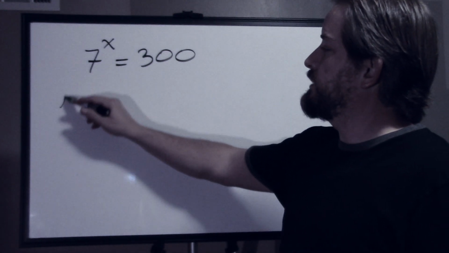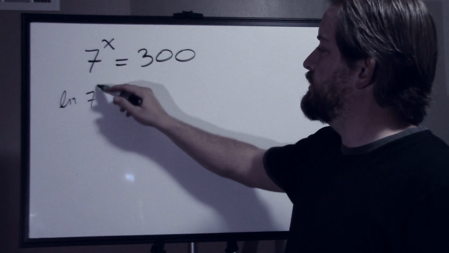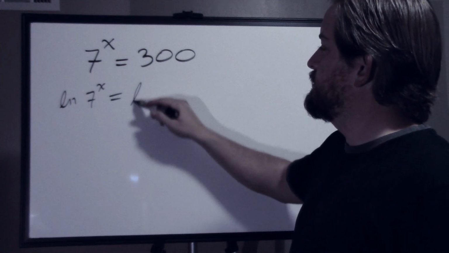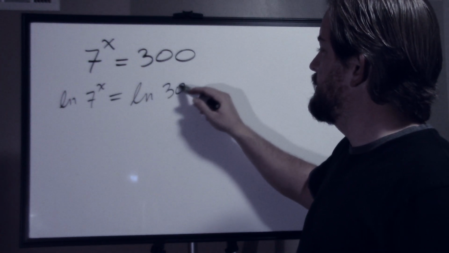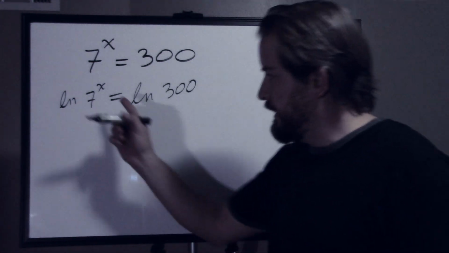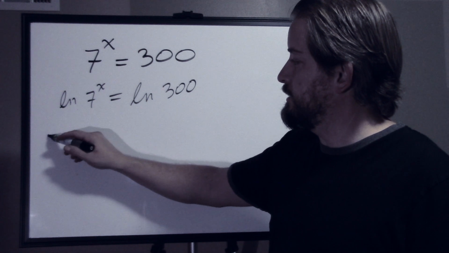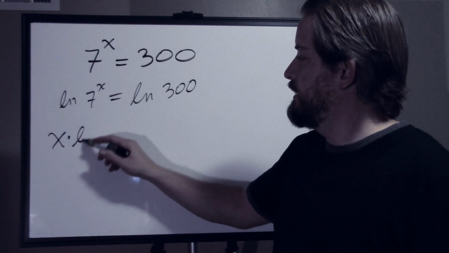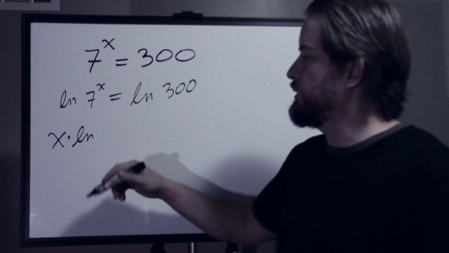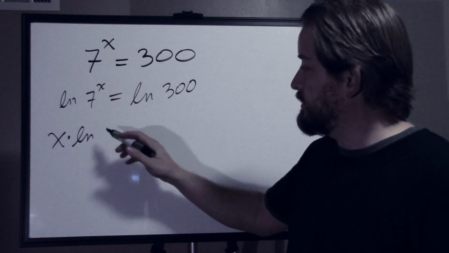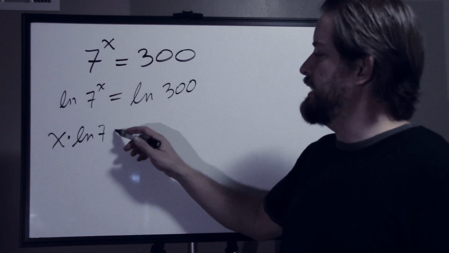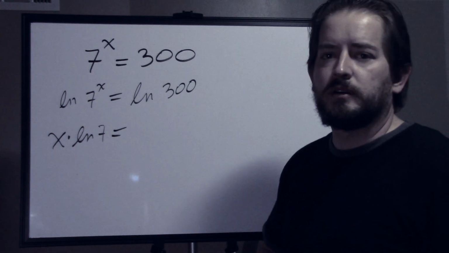So here I have natural log of 7 to the x is equal to the natural log of 300. Right? Again, that very powerful power rule says that the x can bounce down and be a factor instead of an exponent. So I then have x times the natural log of 7. And again, that natural log of 7 is just some number, right?